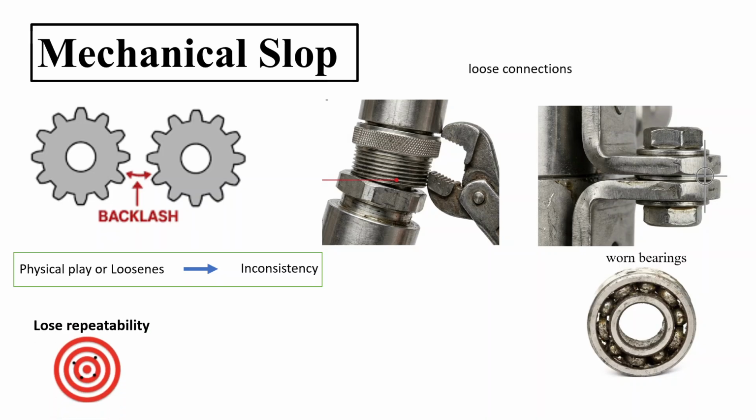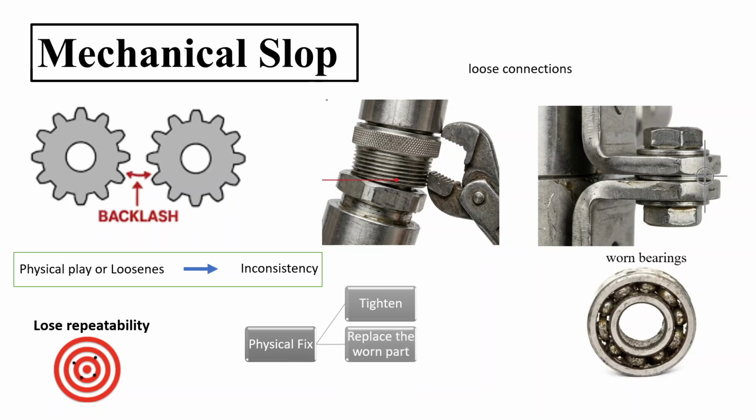One reading, the sensor is pushed slightly one way. Next reading, it's shifted slightly the other. The numbers bounce around and you lose repeatability. The fix is usually physical. Tighten it, replace the worn part, remount properly.